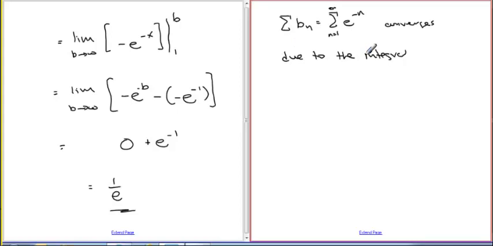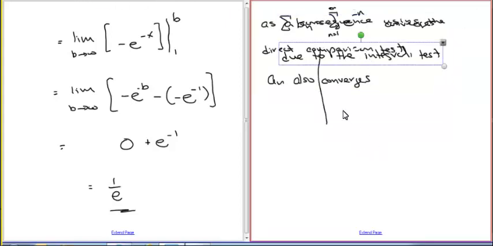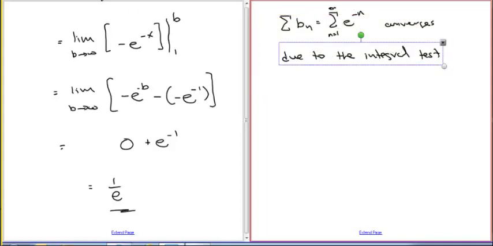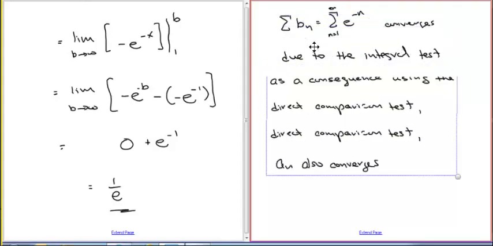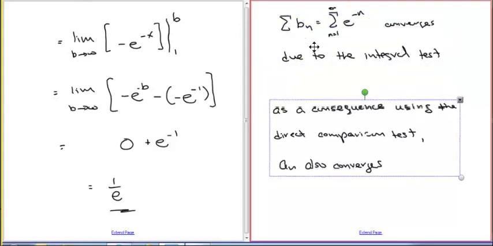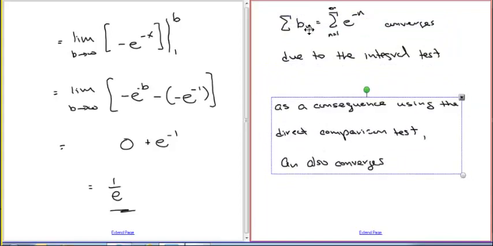And then we paste our little statement in there. Let me go do that again. So the summation of b sub n, which is the summation from 1 to infinity of e to the minus n, converges due to the integral test. As a consequence, using the direct comparison test.